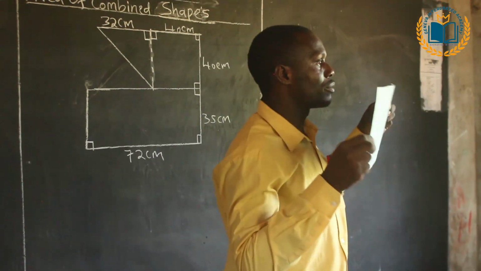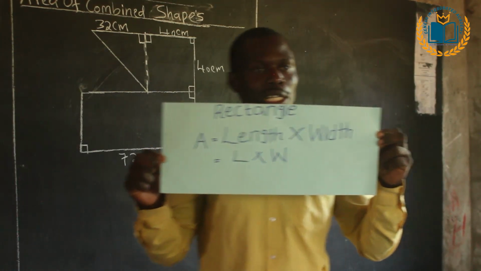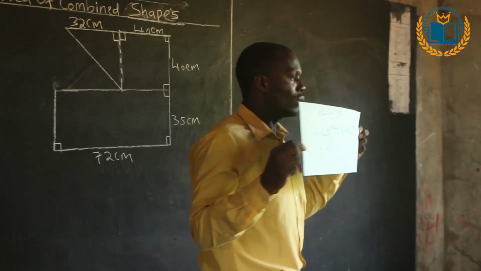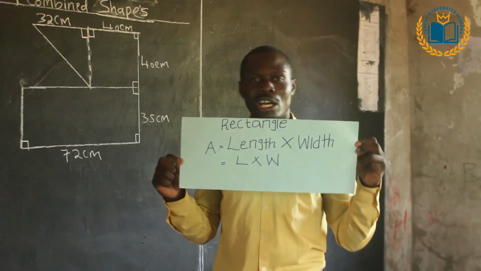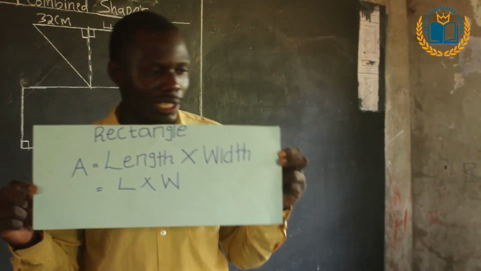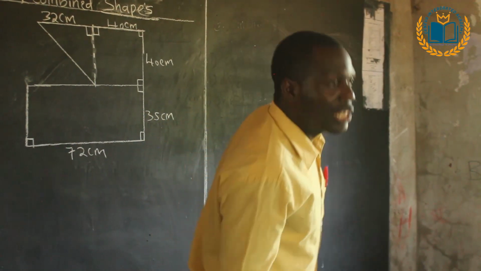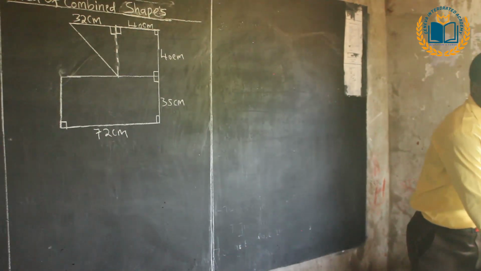What is this shape? A rectangle. To find the area of a rectangle, what do you do? Length times width. You take the length multiplied by the width. So, class, that is what we discussed when we were talking about the area of those particular shapes.